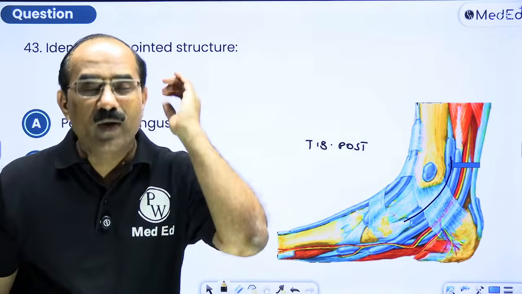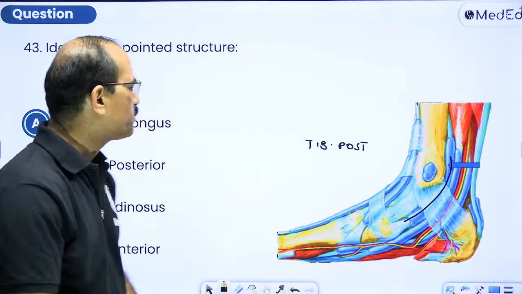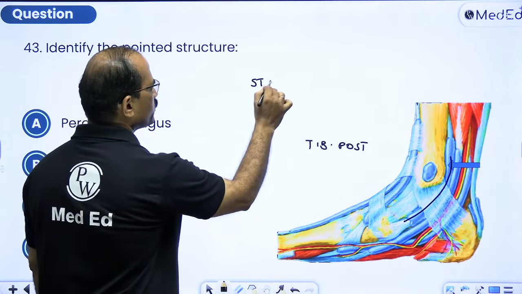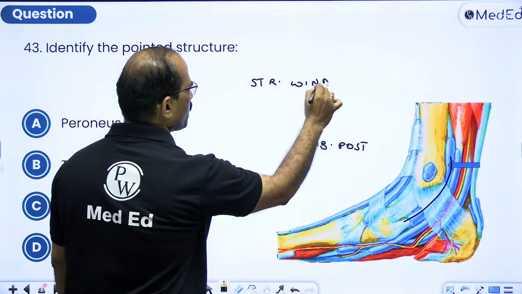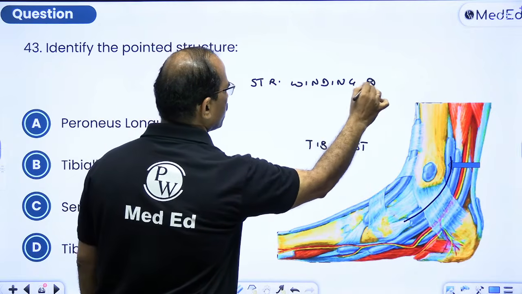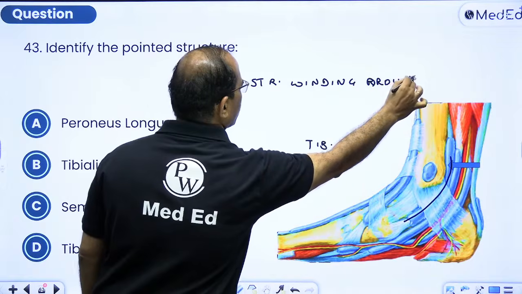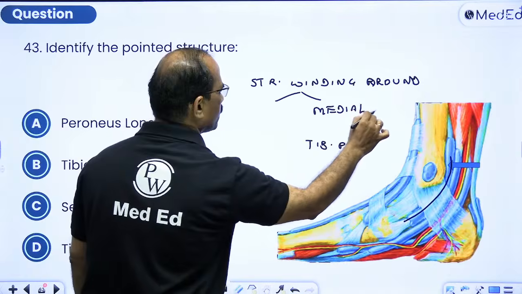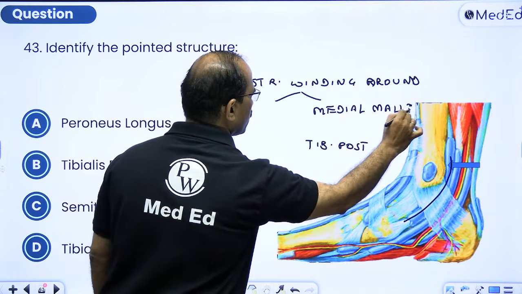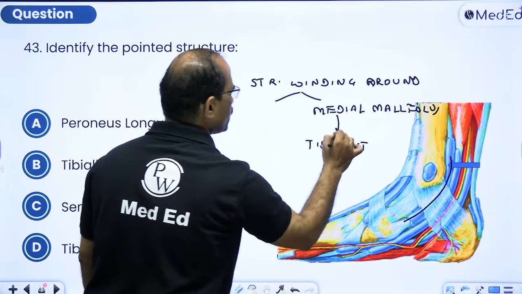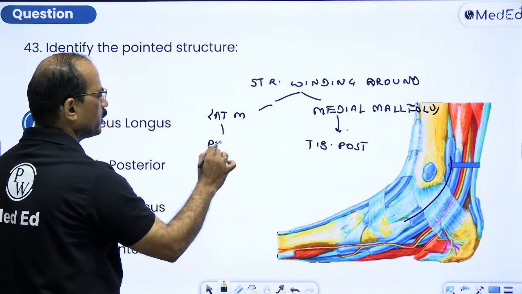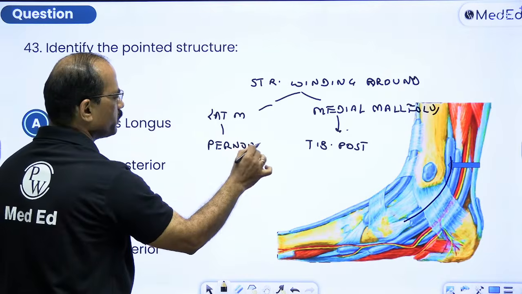The structure winding around the medial malleolus is tibialis posterior, and around the lateral malleolus is peroneus brevis.